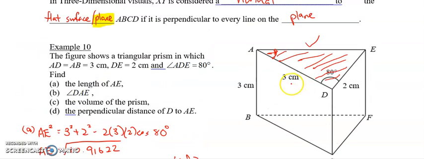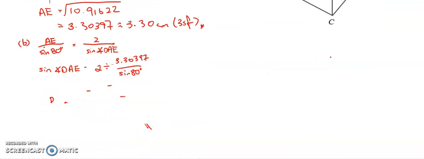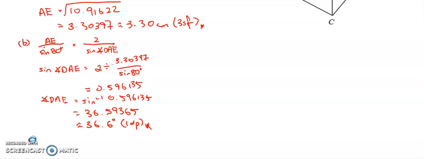So in order to find this area, we have enough information for half ab sine C. We have 3 and 2 and this angle C in between, which is 80. So to find the area of triangle ADE, we use half ab sine C, so half times 2 times 3 times sine of 80 degrees.